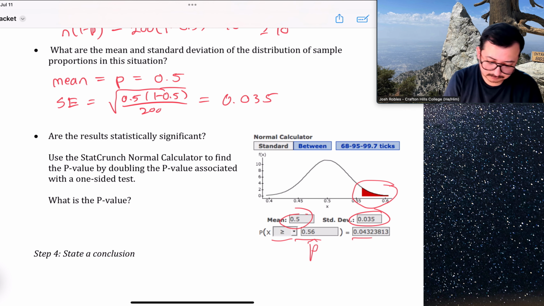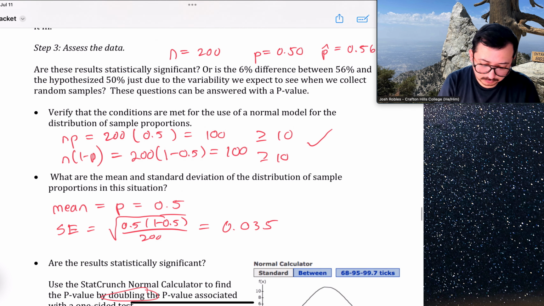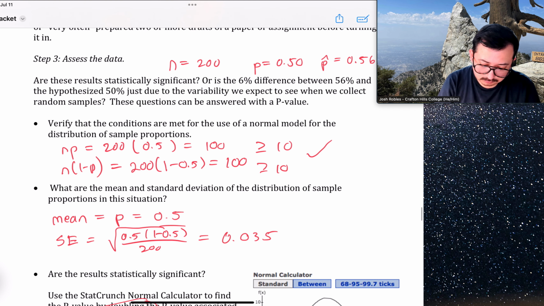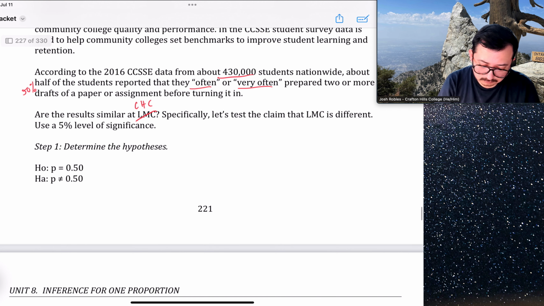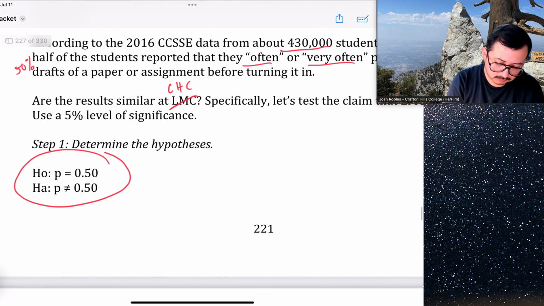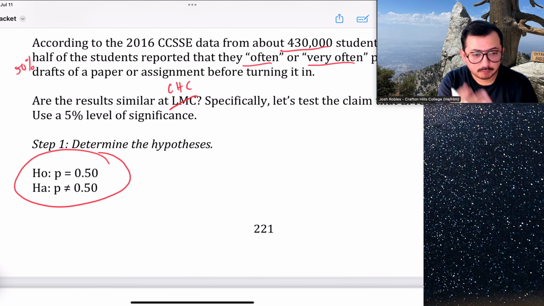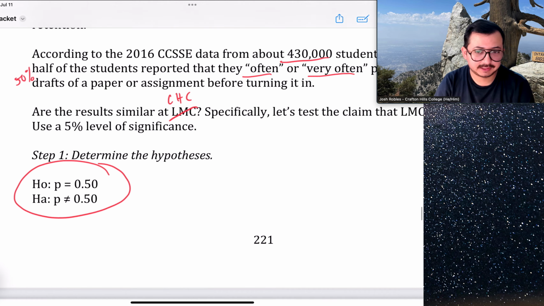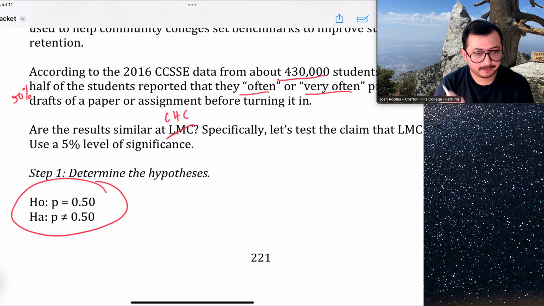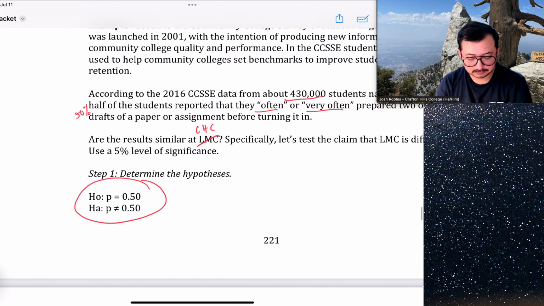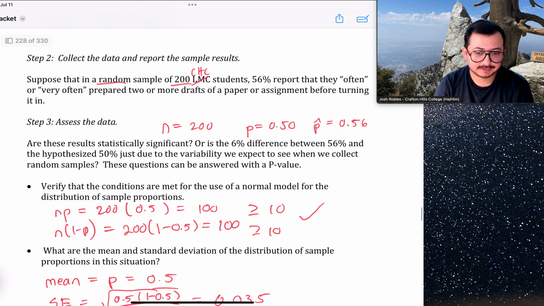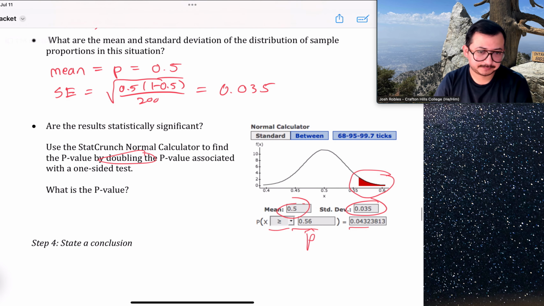But our alternative hypothesis is this not equal to, which is called the two-tailed test. And so that one needs to double the individual size of an area.